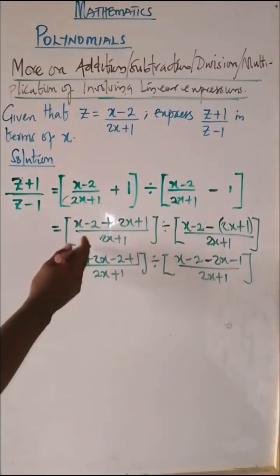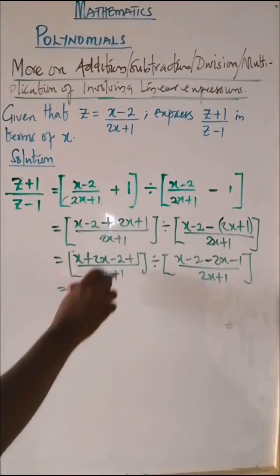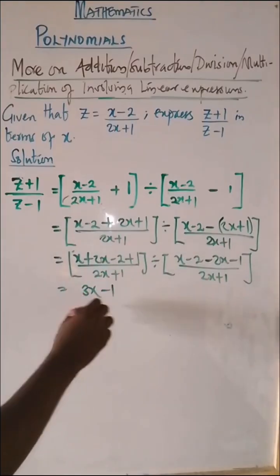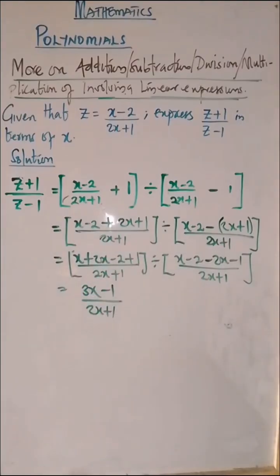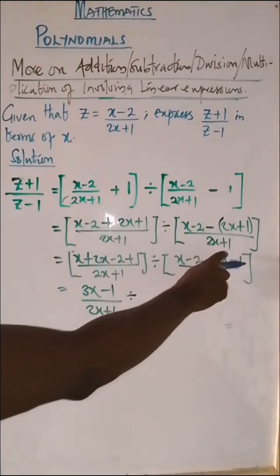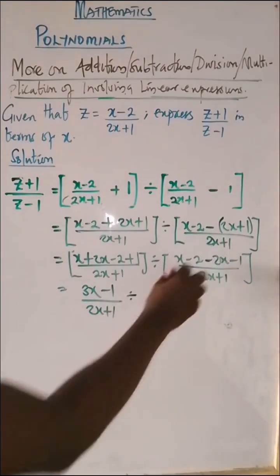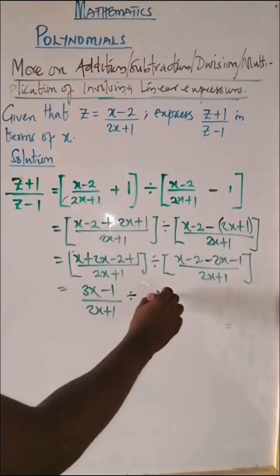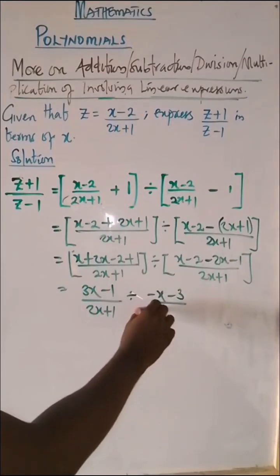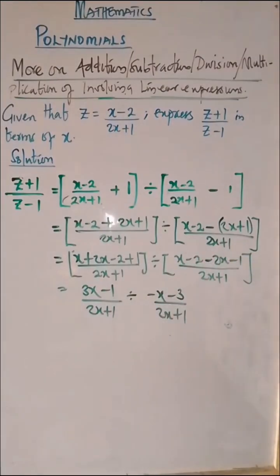This becomes x plus 2x, 3x, minus 2 plus 1, minus 1, divided by 2x plus 1. Divided by, so from here, x minus 2x is minus x, minus 2 minus 1 is minus 3, over 2x plus 1.